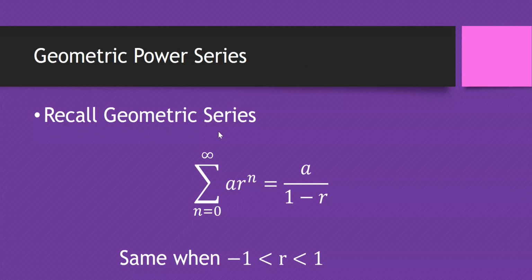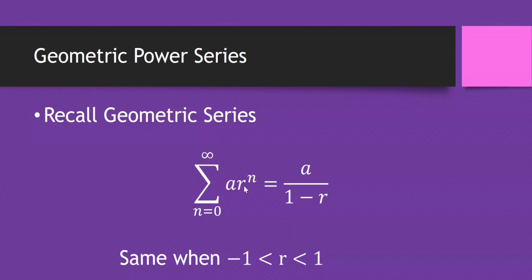If you recall, what we said way back in section 9.2 was that if we have a series which looks like the sum of a times r to the n from n equals 0 to infinity, then that will add up to a over 1 minus r when r is between -1 and 1.